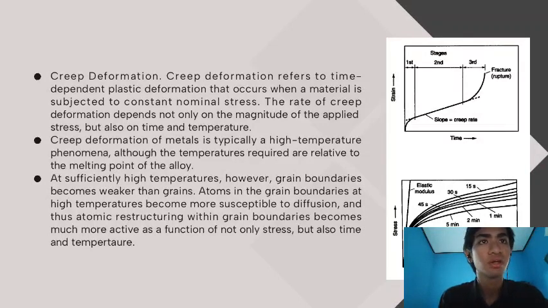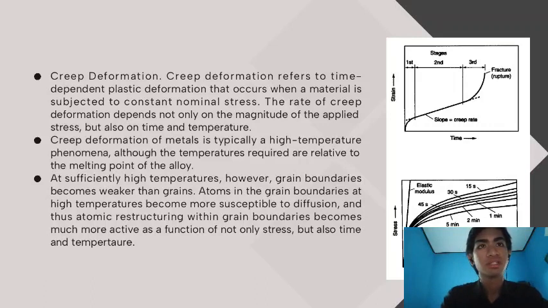Creep deformation of metal is typically a high temperature phenomenon. Also, the temperatures required are relative to the melting point of the alloy. Metals do not exhibit creep deformation until the temperature reaches approximately 0.3 to 0.5 Tm, where Tm is the melting point in degrees Kelvin.